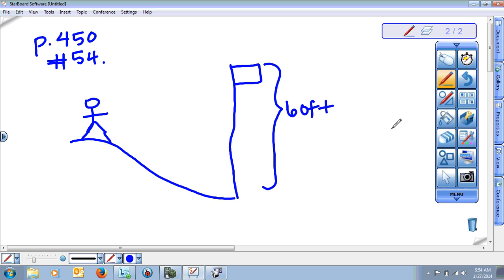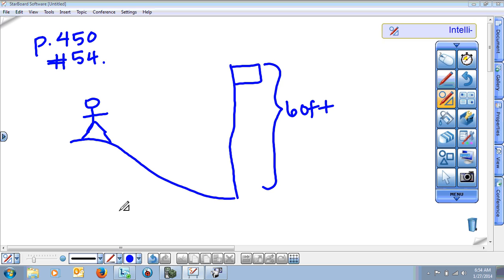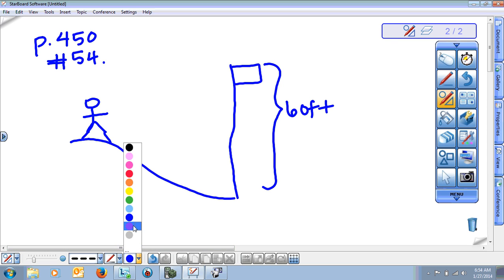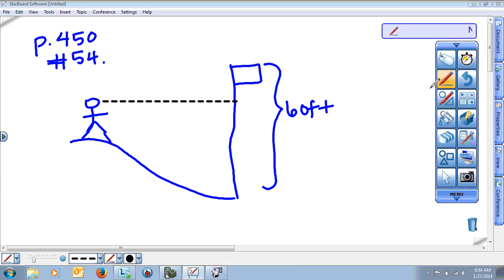The angle of depression to the bottom of the pole is 40 degrees. Let's draw ourselves our horizontal line of sight. And it's from her eyeballs. That's where her sight is. So go straight across. That is then going to be the right angle that you're going to deal with. The flagpole is supposed to be straight.